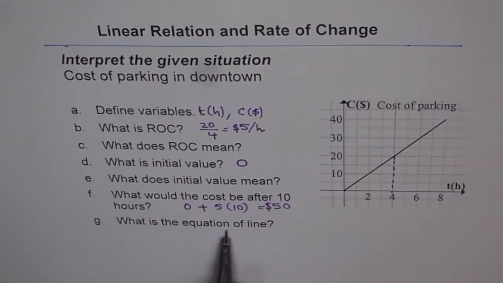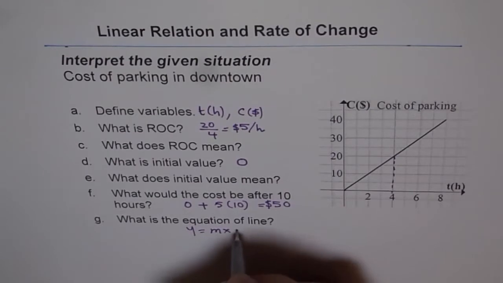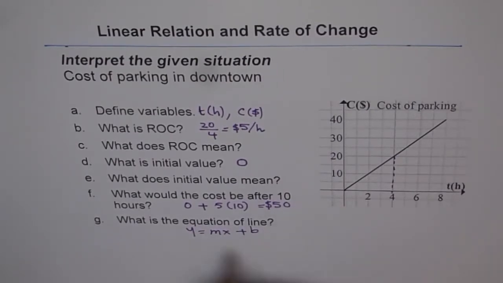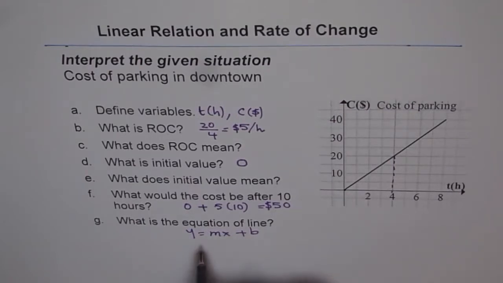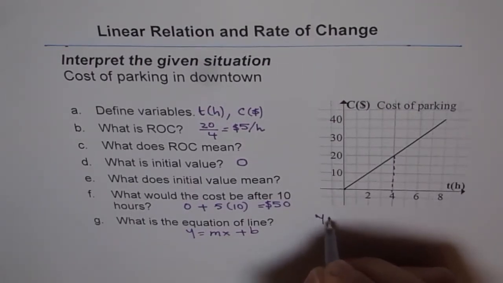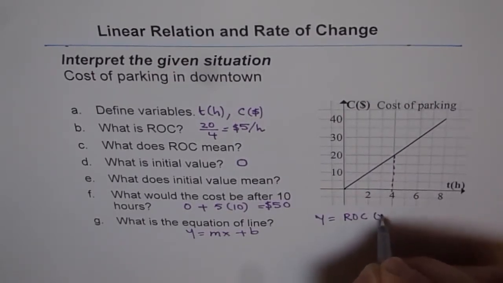So what is the equation of the line? Equation of the line, normally you have seen is y equals mx plus b. Now b is the y-intercept. Here it is 0. Therefore, the equation should be y equals mx. Rather, y equals rate of change times x, right?